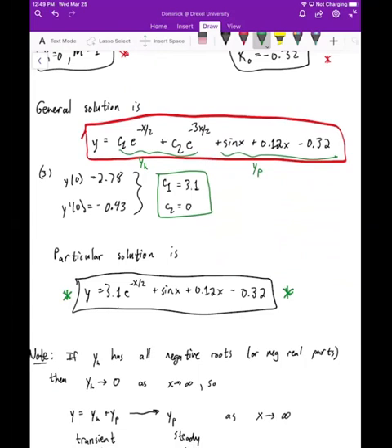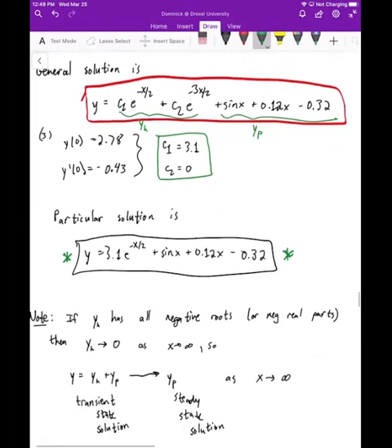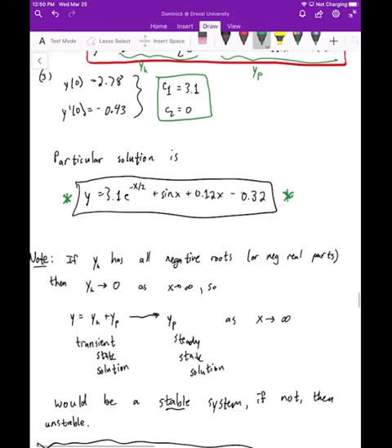Okay, now one interesting thing to note here is that if your homogeneous solution has all negative roots or all negative real parts, if you have complex eigenvalues, then one thing that's going to happen is that this homogeneous solution will approach 0 as x tends towards infinity.